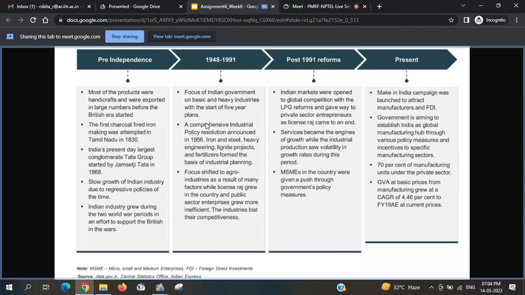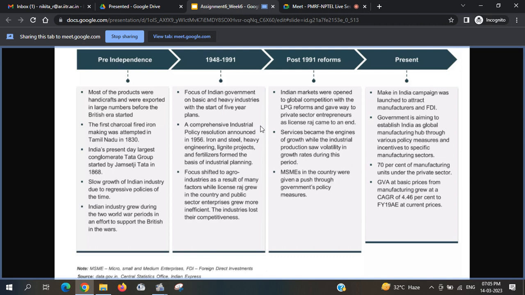So after independence was achieved by India, the focus of Indian government shifted on basic and heavy industries with the start of 5-year plans. So 5-year plans are plans made by the Indian government for development of economy and industries in India. So as a part of the initial 5-year plans, the focus was largely on basic and heavy industry.